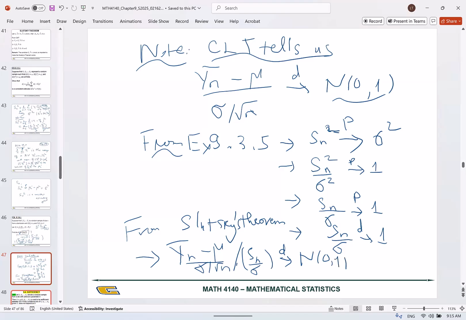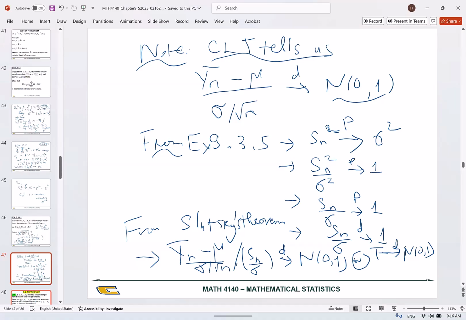So you can see now you can prove this based on the properties we have. In distribution, for large n, this quantity converges to normal 0, 1. The test statistic T will converge in distribution to normal 0, 1.